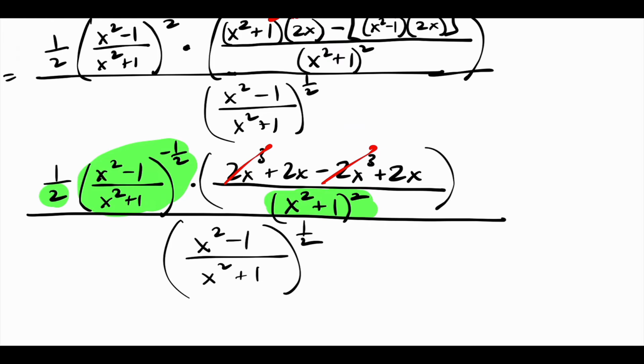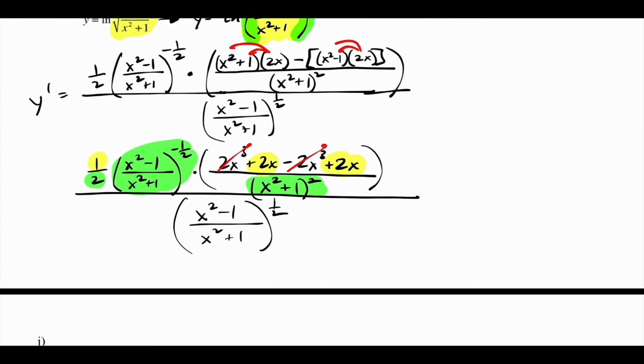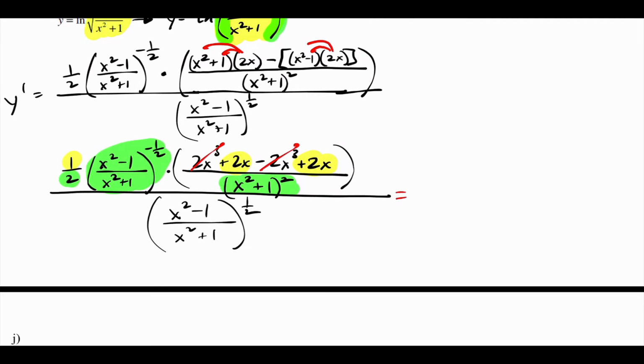Everything else I'm going to leave on top. We're running low on room here. Here we go. Okay, so on top I have 1 times 4x, so that's just going to be 4x. On bottom I got a whole mess of stuff.